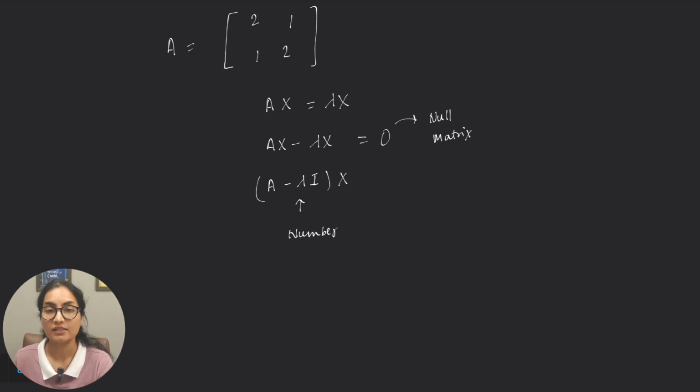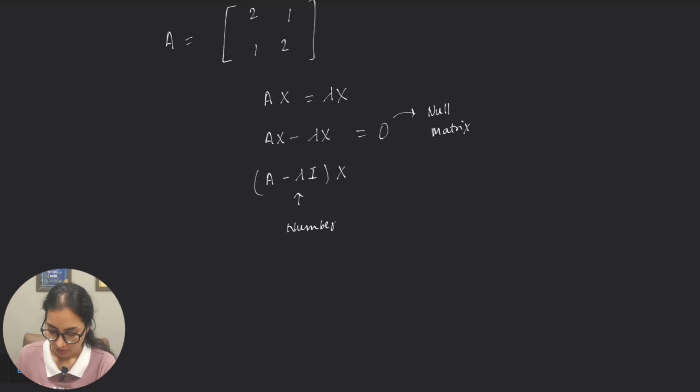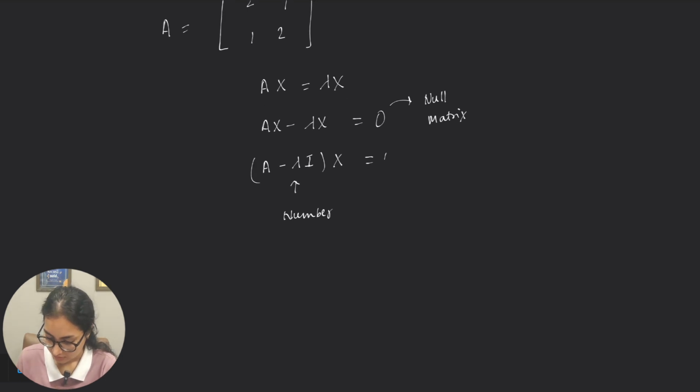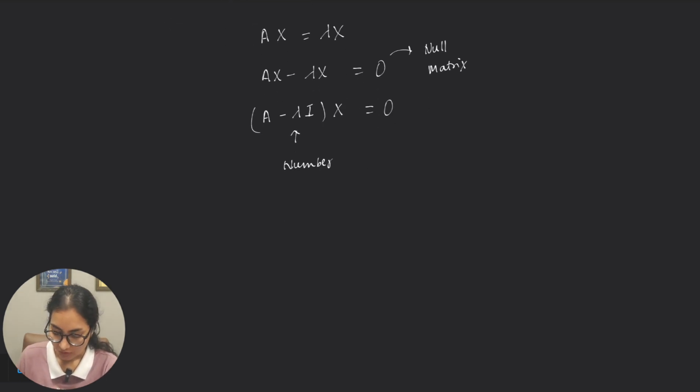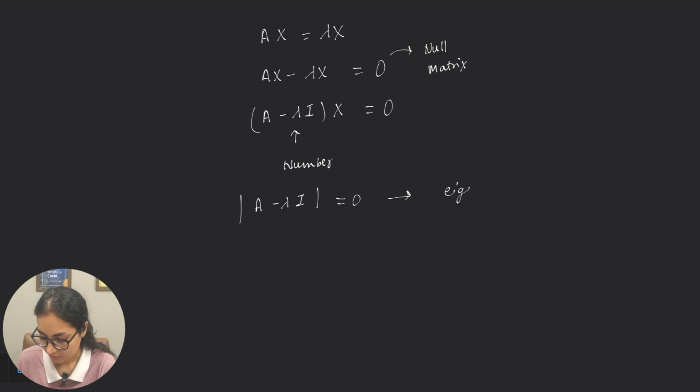They cannot be added or subtracted with a number. So the determinant of this matrix gives you the eigenvalues of that matrix.